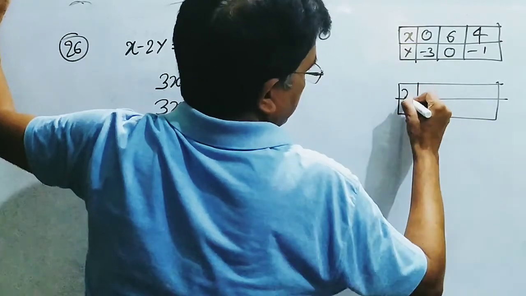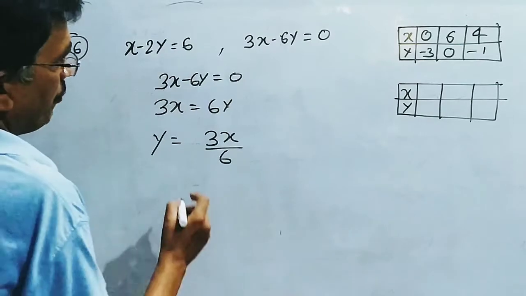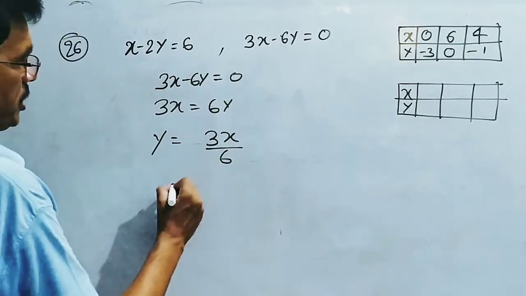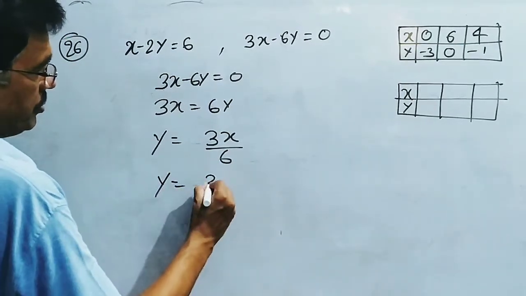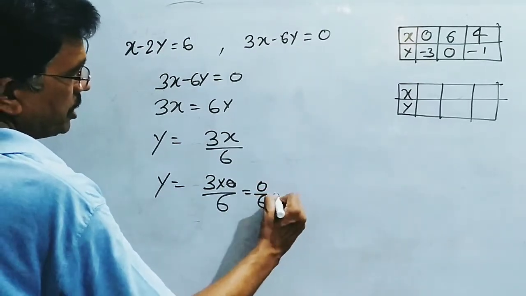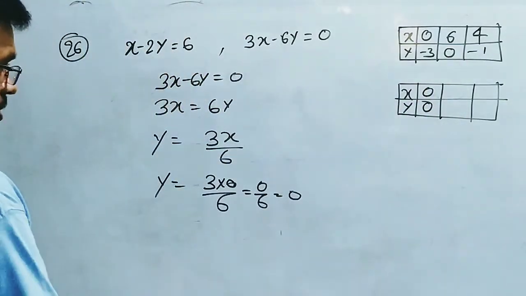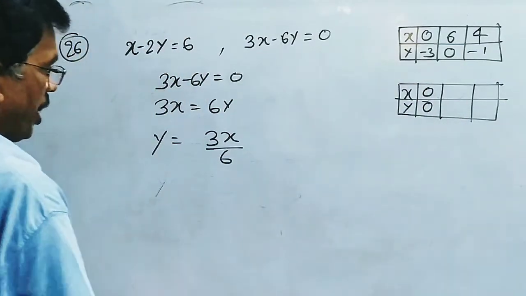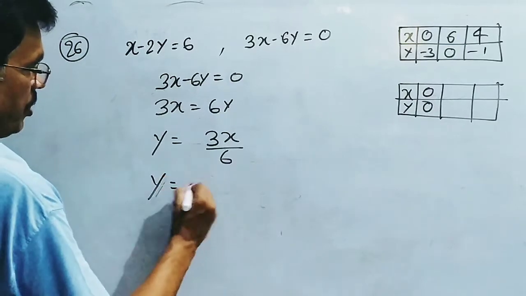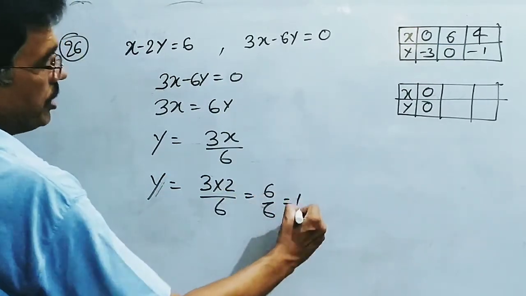Here is x and here is y. When you write x is 0, 3 into 0 by 6, that is 0 by 6, hence 0. X is 0, then y will also be 0. Then you write x is 2, 3 into 2, what do you get? 6 by 6, that is 1.